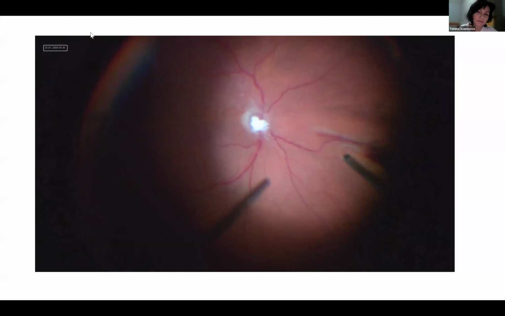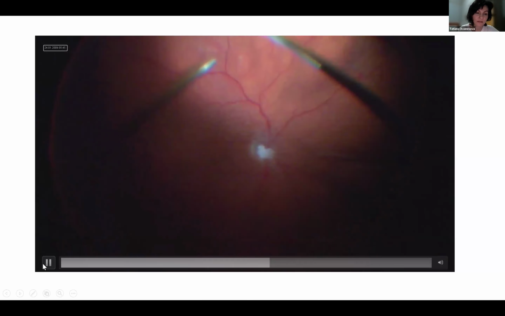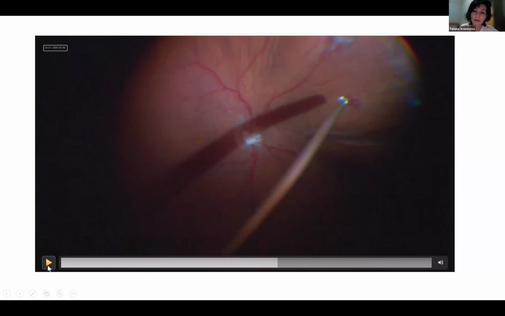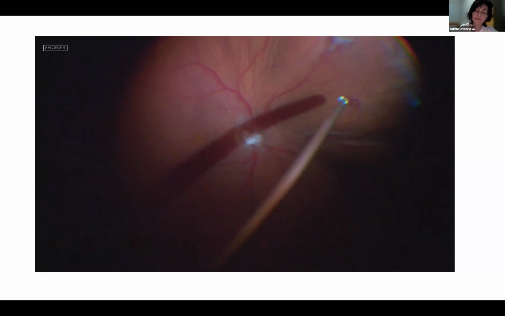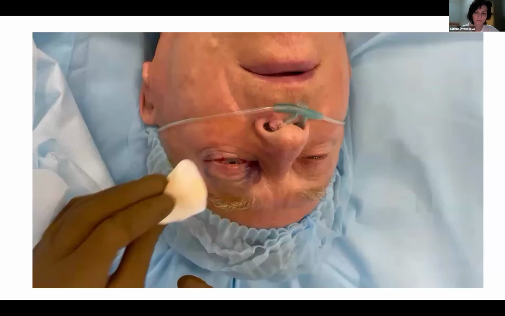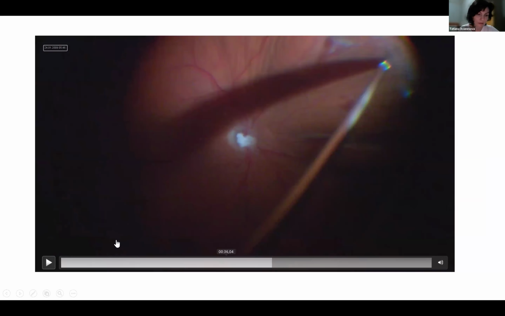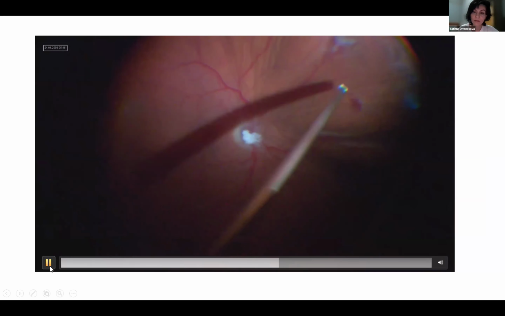Can you see the folds in the macula? They appeared, and there were other folds, and some prominence from the choroid and retina. Also, some small breaks appeared during PVD induction, and the prominence gradually increased.